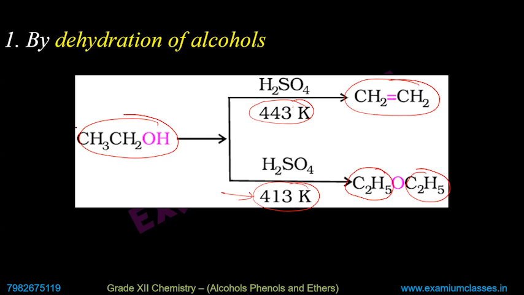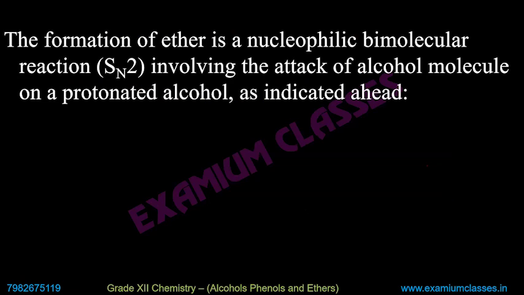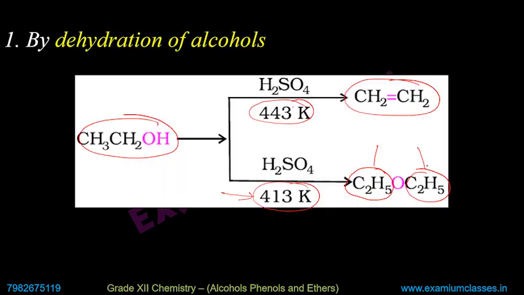If we use different alcohols and we want unsymmetrical ethers, meaning these alkyl groups are different, then we should use those alcohols which have very different boiling points, so that the ethers produced have very different boiling points and we are able to separate those. Otherwise this should be used for producing symmetrical ethers only.